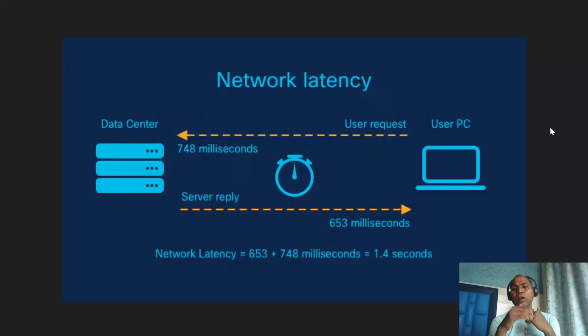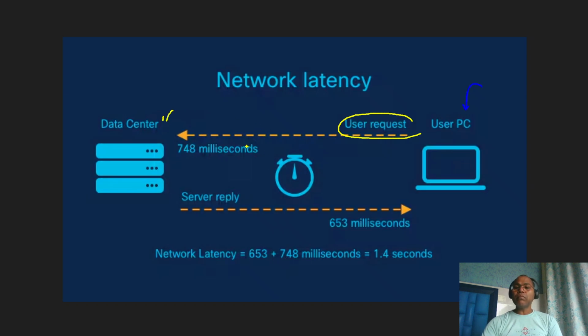Notice that whenever you deploy your applications, there are different kinds of latency, where our user requests take some time to be served. A good example: the user accesses the application and requests data. From the user's machine, laptop, or mobile, some time is required for the request to reach the server.